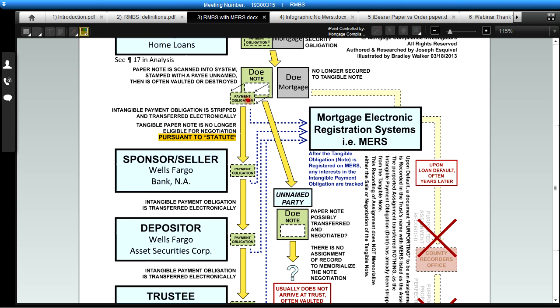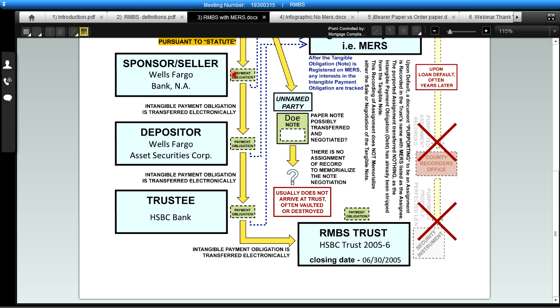Now, at the same time that they have done that, they have notified MERS what they have done. That's what this little dotted line is. The sponsor seller then takes this intangible payment obligation and sells it to the depositor. At the same time, the depositor lets MERS know, oh, I got it electronically.